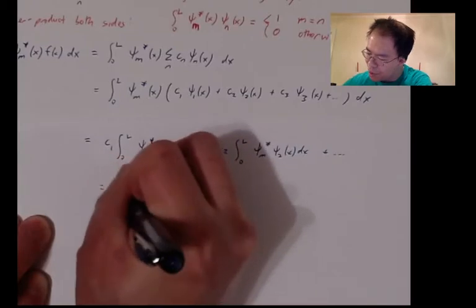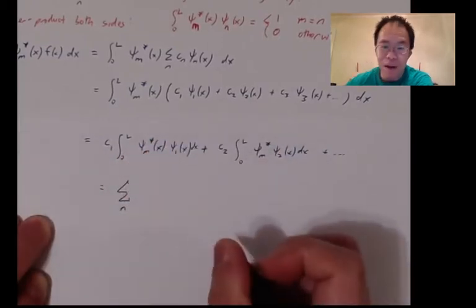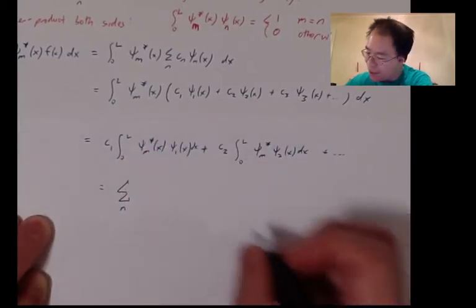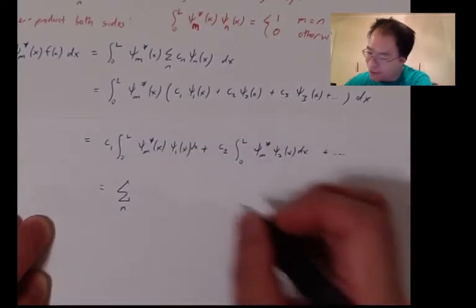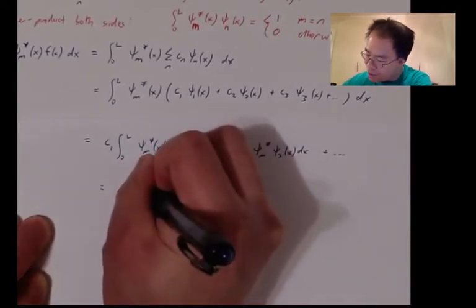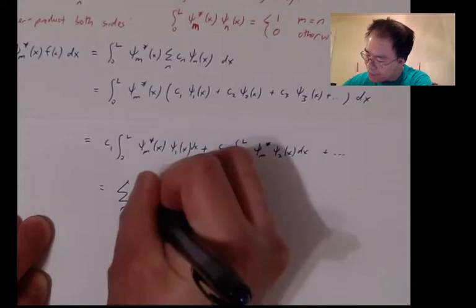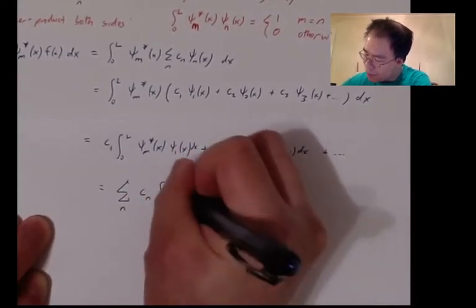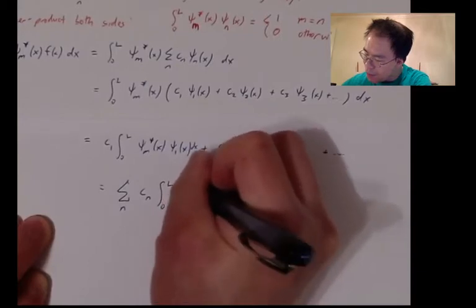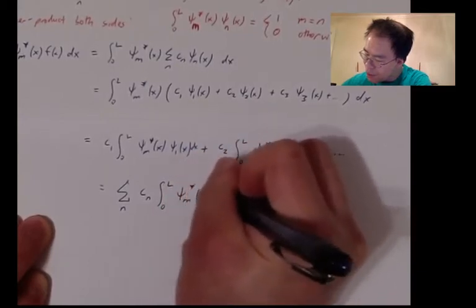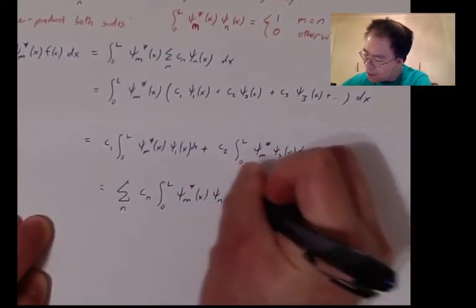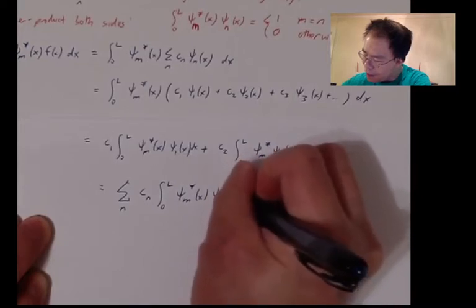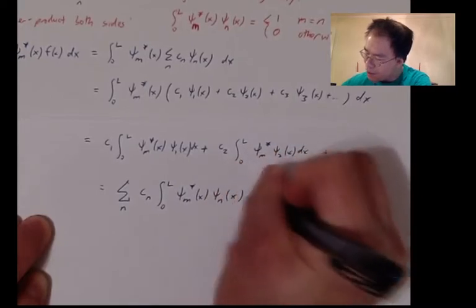So I have a sum over n, so I'll use n as my index. I have c sub n times my integral from 0 to L of psi m star psi n of x dx.